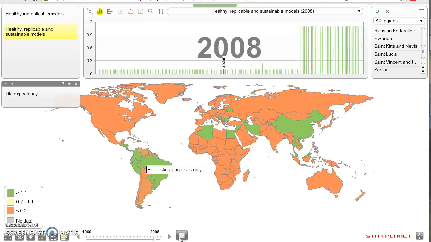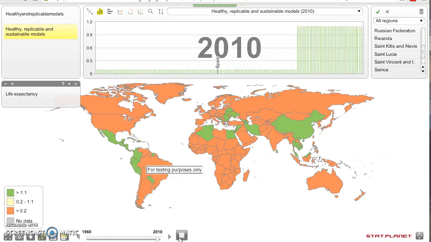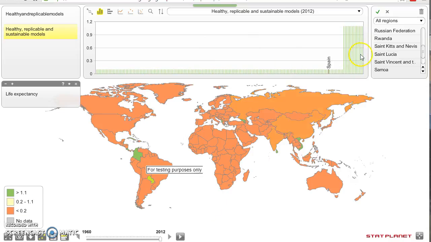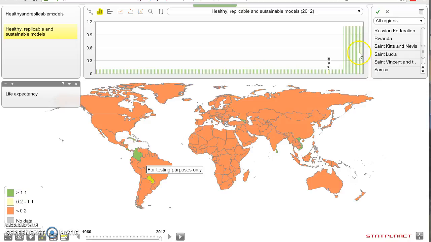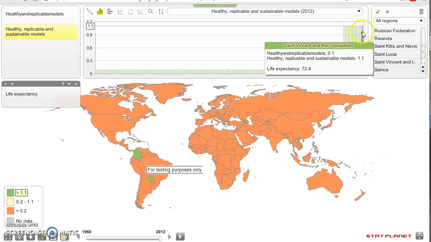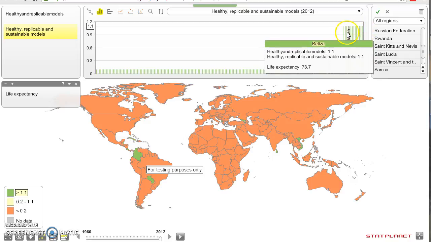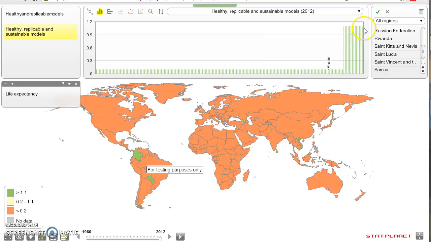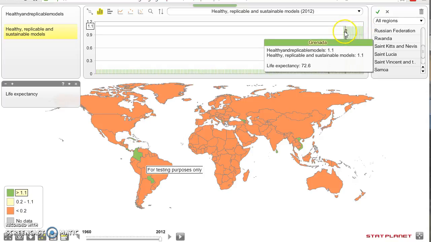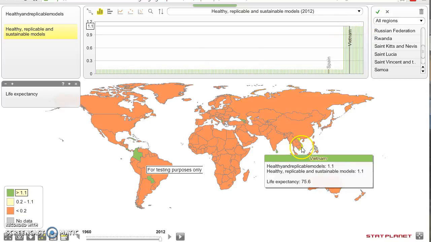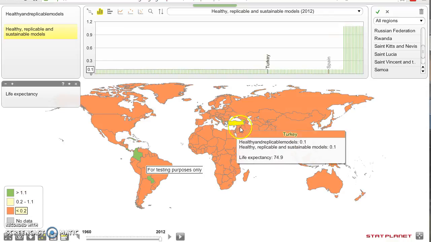And by the end of the decade, we only had a few countries, these 14 countries, that reflect those that have been consistently healthy, replicable and sustainable throughout time, including in the last decade with carbon emissions at the planetary boundary. These are the countries, and they're shown in green in this graph.